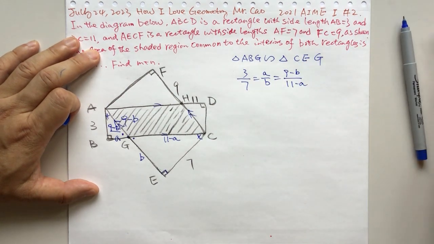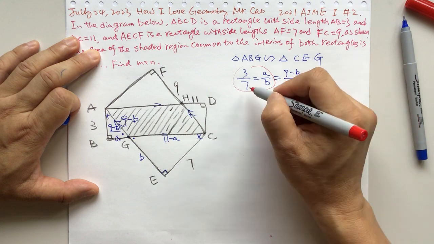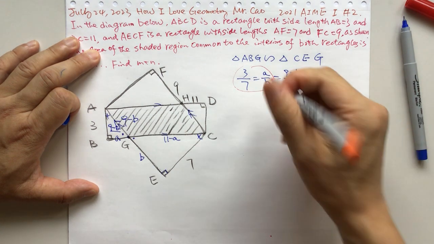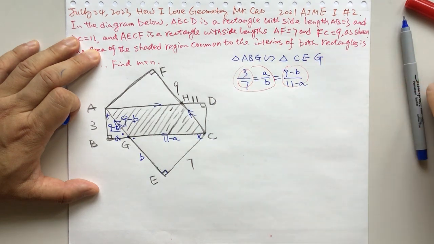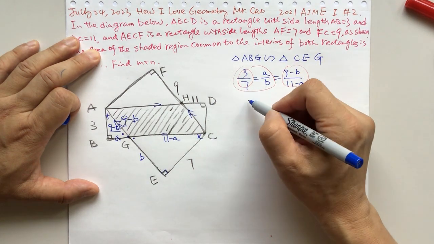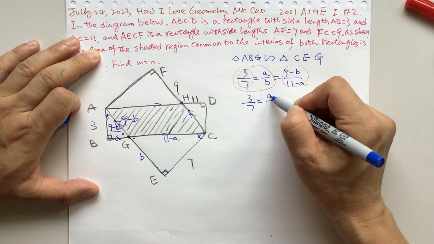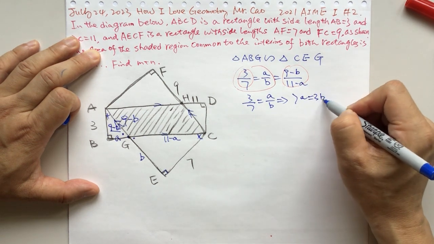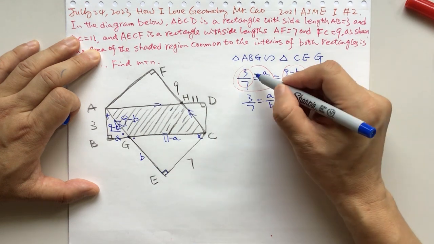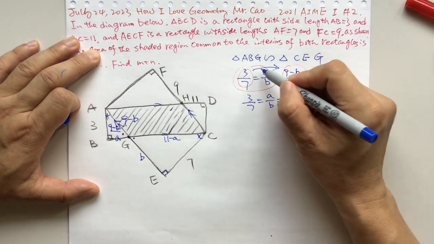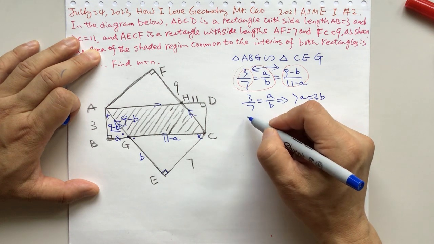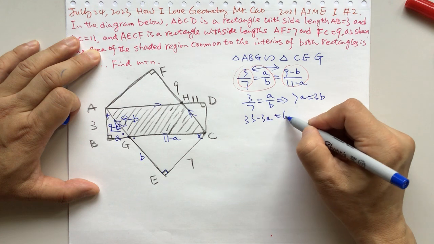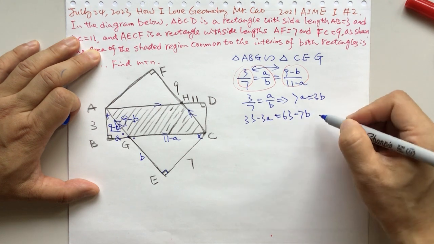One is from the first pair, and the second one from the other. So 3 over 7 equals A over B, then we got 7A equals 3B. And from the other, we got 33 minus 3A equals 63 minus 7B.